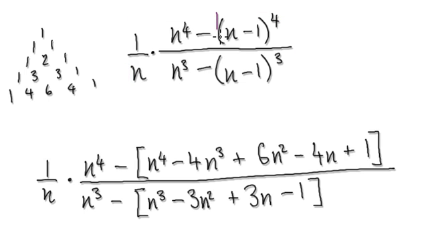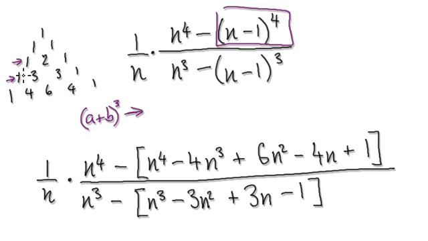So now multiply this out. So remember binomial expansion. If you have, let's say, a plus b to the power of 3, then you would use this.